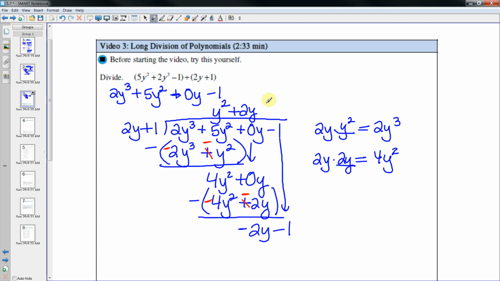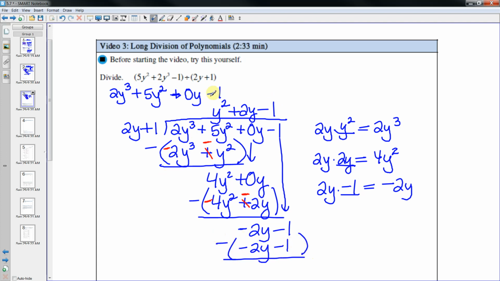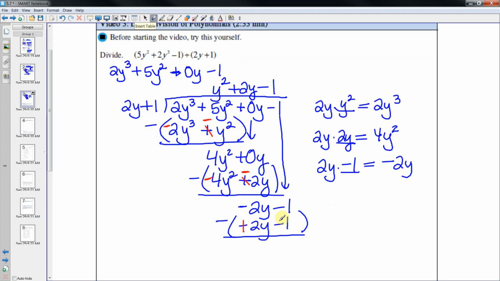2y goes into negative 2y, so 2y times blank would equal negative 2y. So we're just multiplying by negative 1. So minus 1. So now multiply, negative 1 times 2y is negative 2y. Negative 1 times a positive 1 is negative 1. Subtract off. Changes these signs.